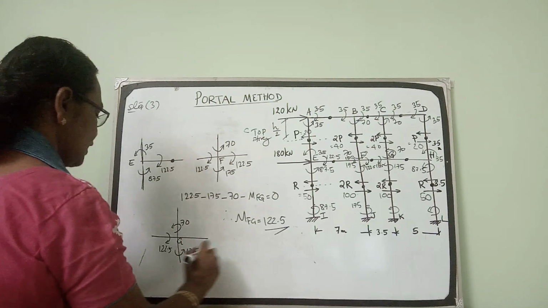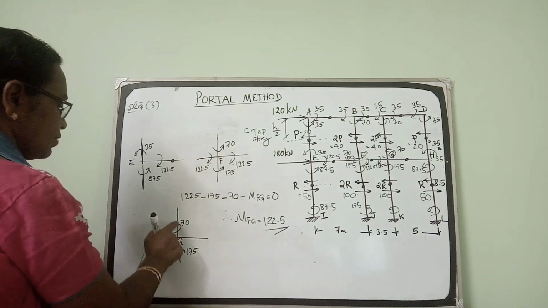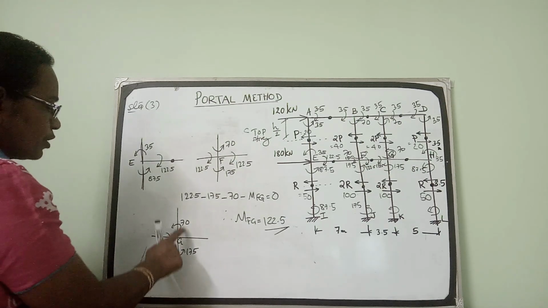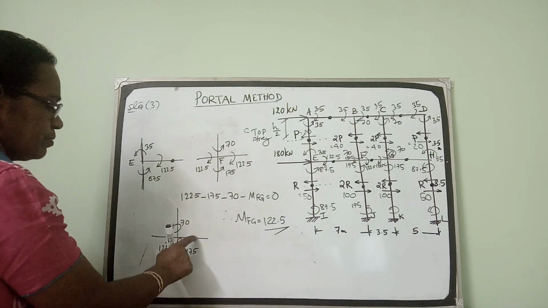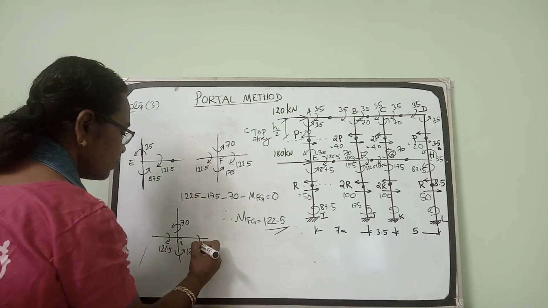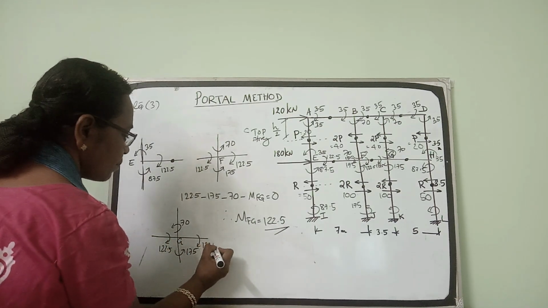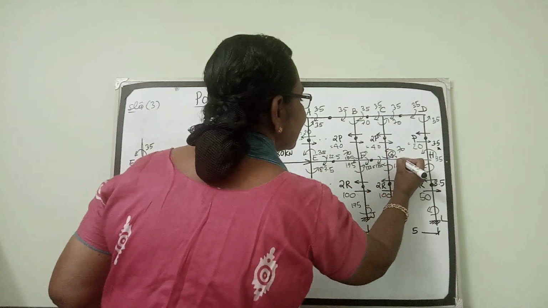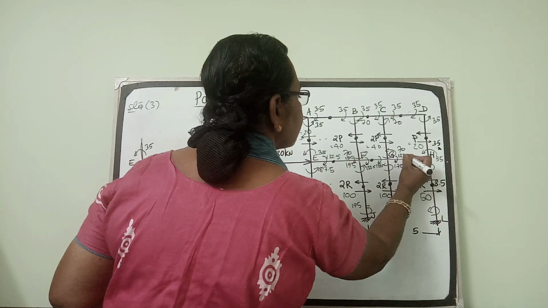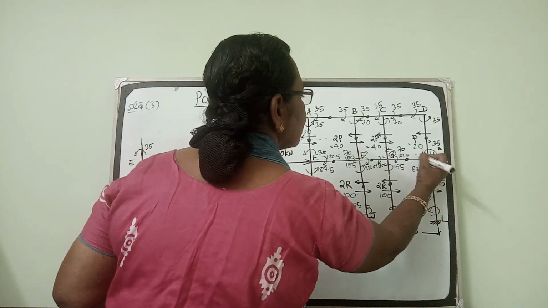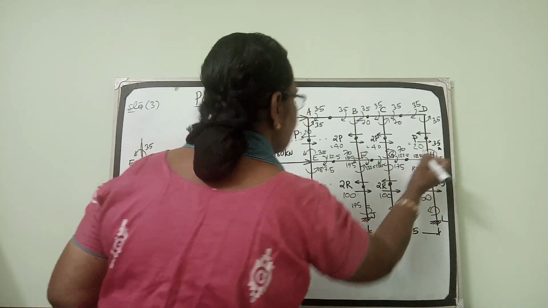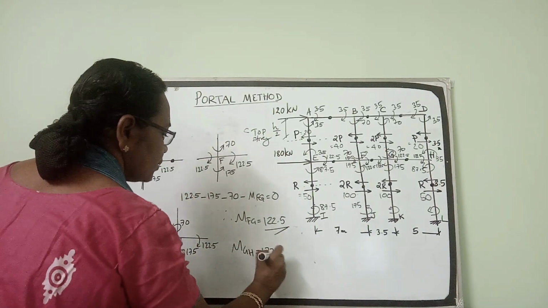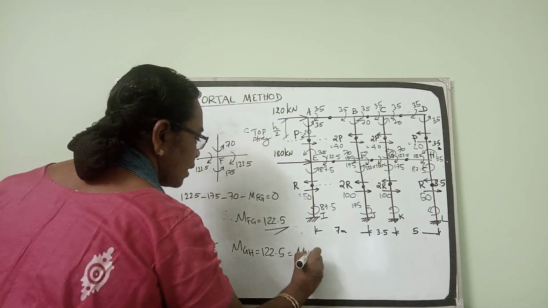If you want to find MGH, this is 175 plus 70, 245, anti-clockwise. This 245 has to be shared equally by the two beams. So 245 by 2, 122.5. So the moment in this GH is 122.5. So this should also be equal to 122.5, MHG. So MGH equals 122.5. That should be equal to MHG.